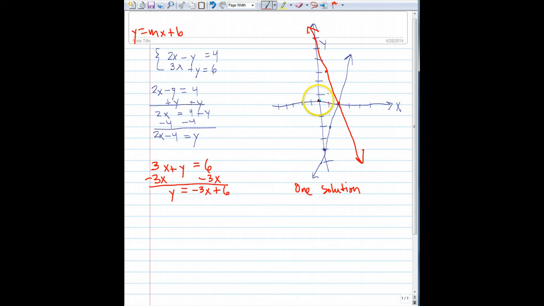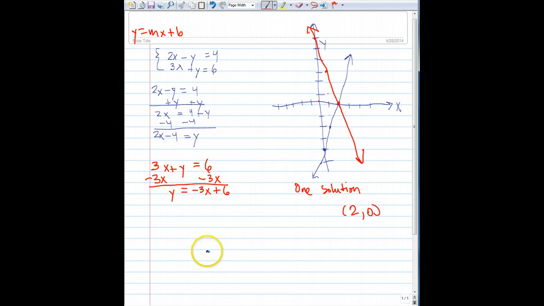What point is that? We're on the x-axis and we go over 2. So the actual solution would be 2, comma 0, because we went to the right 2 and we didn't go up any.